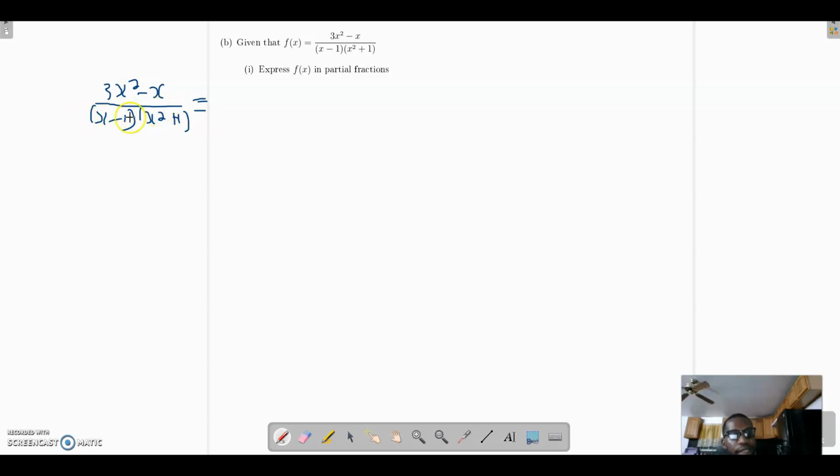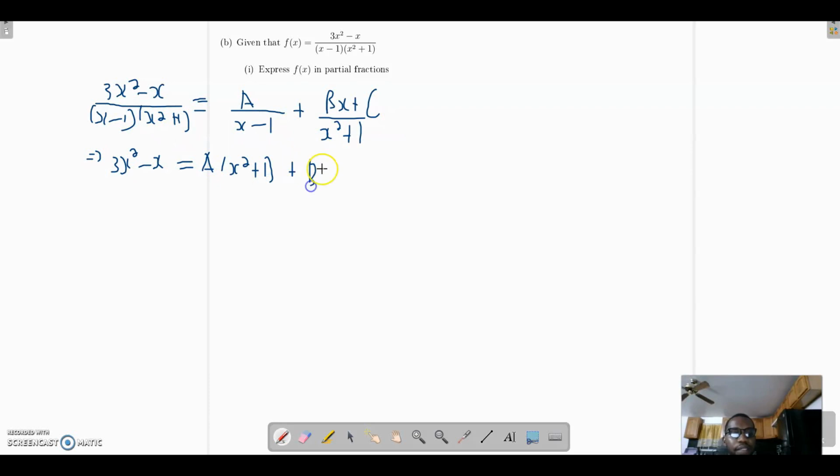Now, we have two things here. We have a linear factor and we have an irreducible quadratic factor. So this would be equivalent to A over x minus 1 plus Bx plus C over x squared plus 1. So multiplying out by the LCM, this means that 3x squared minus x would be equal to A times x squared plus 1, plus Bx plus C, sure I put that in a bracket, times x minus 1.